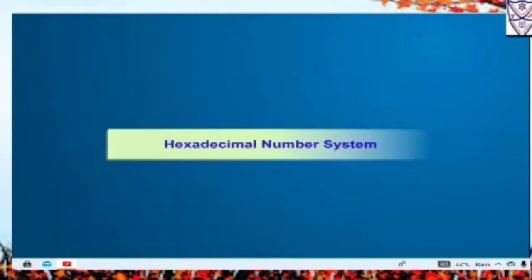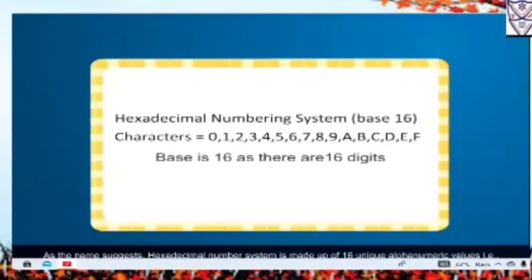Hexadecimal number system. As the name suggests, hexadecimal number system is made up of 16 unique alphanumeric values, that is 0, 1, 2, 3, 4, 5, 6, 7, 8, 9, A, B, C, D, E, F, which can be used to express all possible numbers in this system.